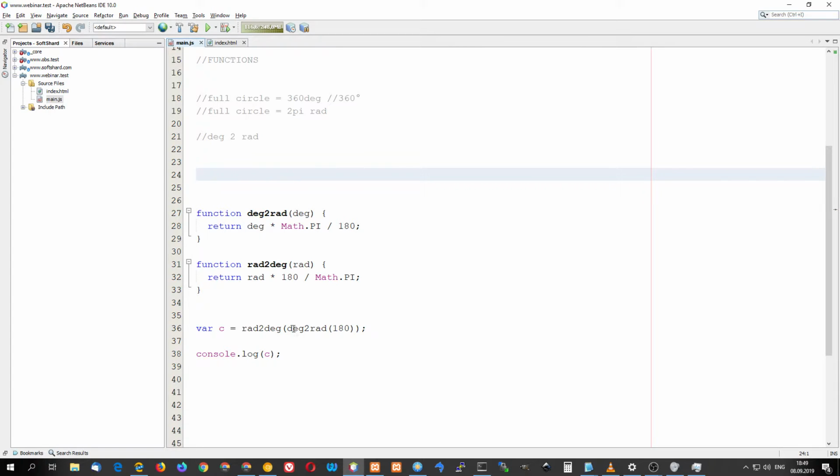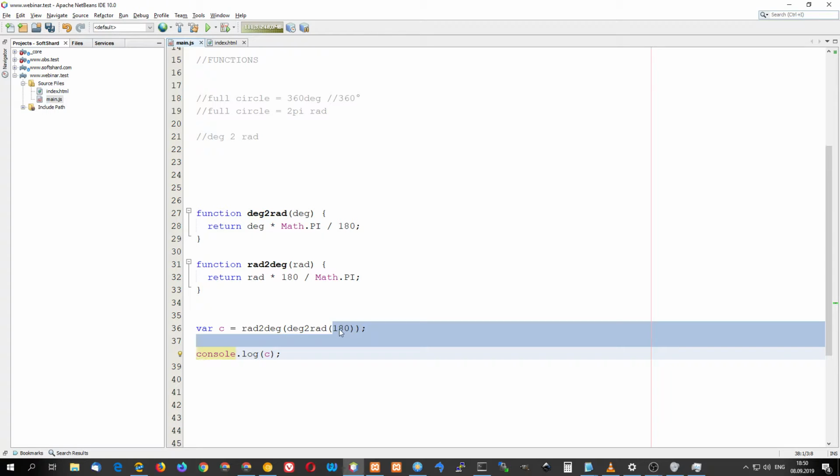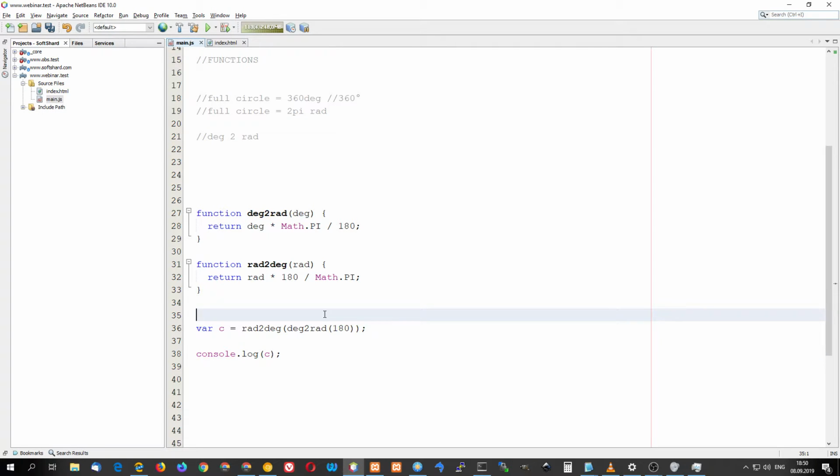The same way you evaluate this, which becomes pi. Now you're getting radians to degrees. 1 pi is 180. Those are inverse functions. Of course, when I convert degrees to radians and then the amount of radians back to degrees, I should get the same value.